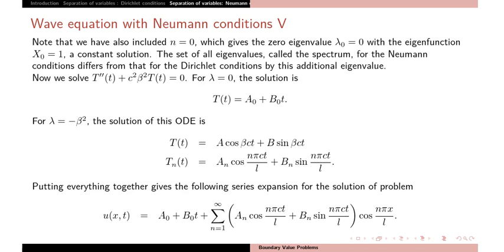Now we solve the problem in the t variable, T double dash plus c square lambda T, sorry, the ODE was T double dash minus c square lambda T equal to 0. Here you need to discuss two cases.